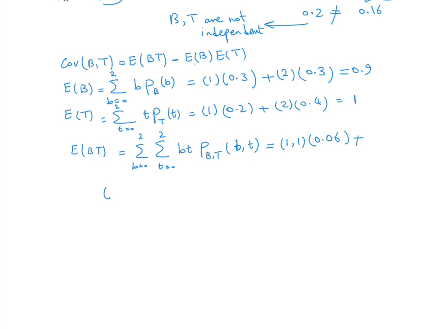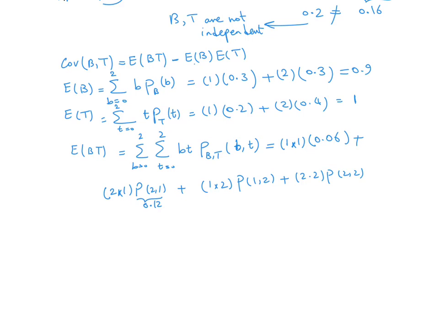When B is equal to 2 and T is equal to 1, times the probability of 2 and 1, it's equal to 0.12. Plus, when B is equal to 1 and T is equal to 2, times the joint probability between them, and when both of them are 2.